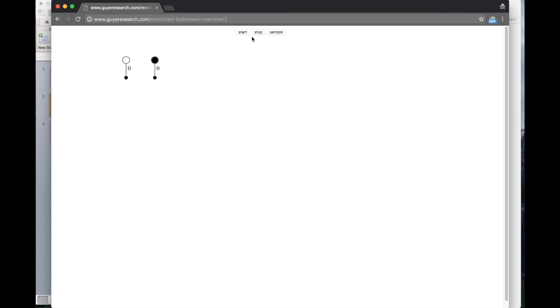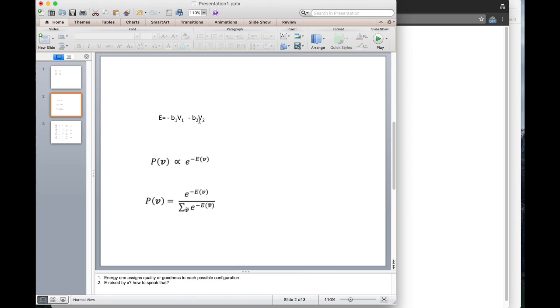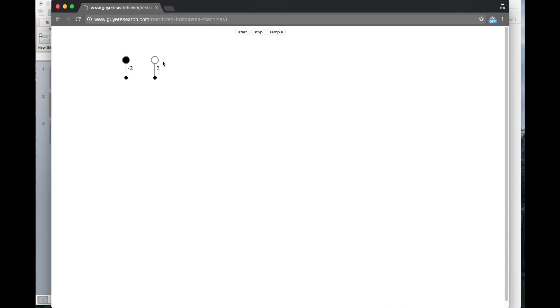In this case, it's exactly the same system as the previous example, but with the probability defined by the weight with the bias neuron. If we assign the weights differently, if we assign 2 to the weight between the bias neuron and the second neuron, and negative 2 between the bias neuron and the first neuron, we would expect that the system will prefer the second neuron to be on and the first neuron to be off.